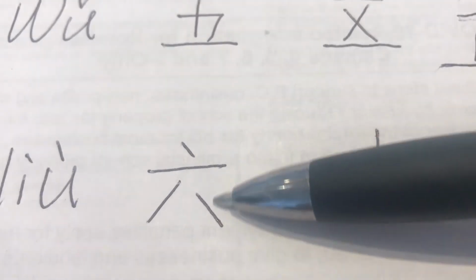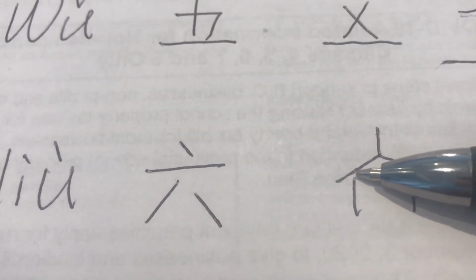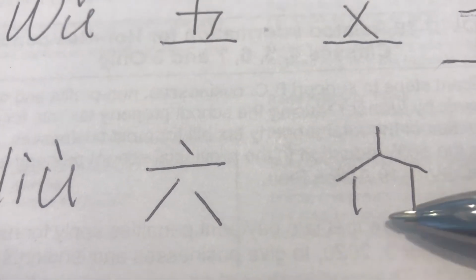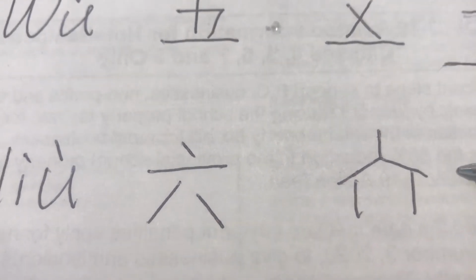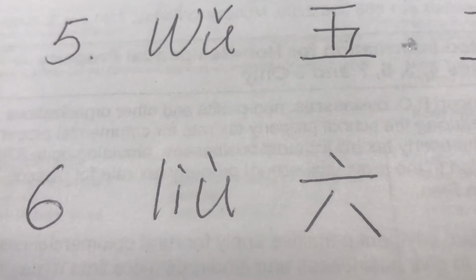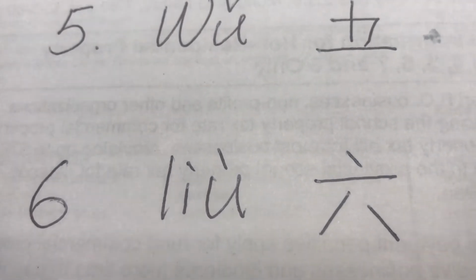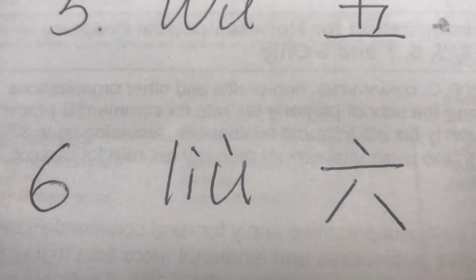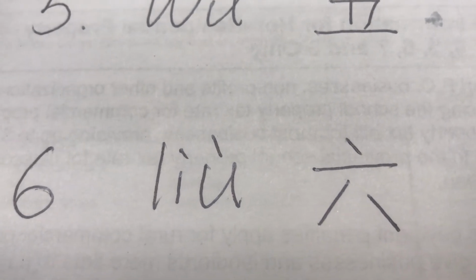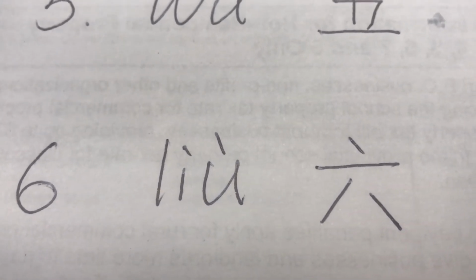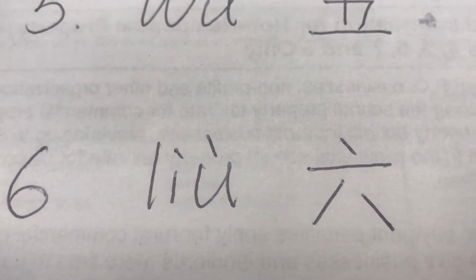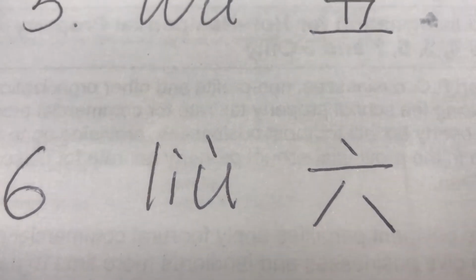And the 2 dots at the bottom are the walls of the house. That's what 6 represented in ancient time. Later on, it was used as a number. 6 is a very lucky number in mainland China, especially double 6. 六六大顺 means good luck.